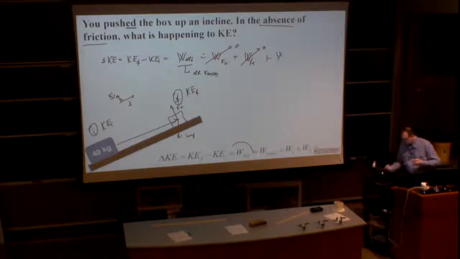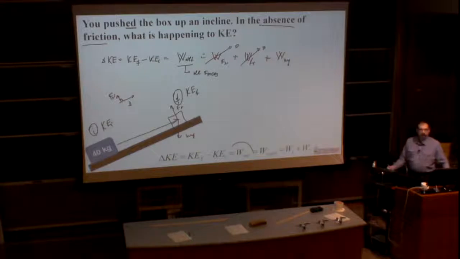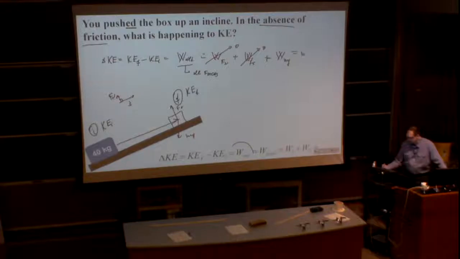Plus the work done by force of gravity. And yesterday we derived an expression for that. So I don't write zeros, I only write now the term which represents the work done by force of gravity: mg times initial minus final vertical coordinates. So what is happening to the kinetic energy depends on what is happening to the height.